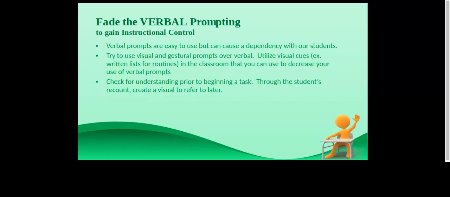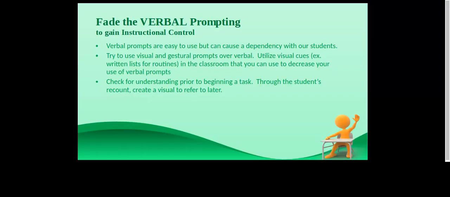Becoming more aware within your classroom about how much verbal prompting you're using and recognizing how you can fade that will allow you to gain much better instructional control throughout your entire classroom. You want to try to use more visuals and gestural prompts over that. For example, written lists for routines in the classroom can help to decrease the verbal prompting, as well as making sure before you move forward with an activity or a task, you check for understanding.